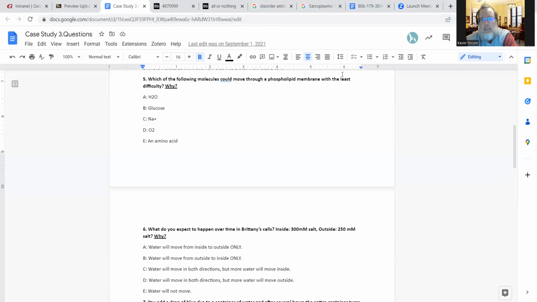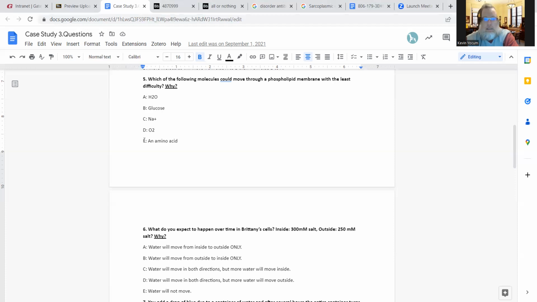So that's definitely not right. How about sodium? Sodium is a solid as well. That's also going to require some sort of integral membrane protein channel to allow sodium to pass through. So if I'm moving solids across the phospholipid membrane, it's going to take a little more than it is to move a liquid.